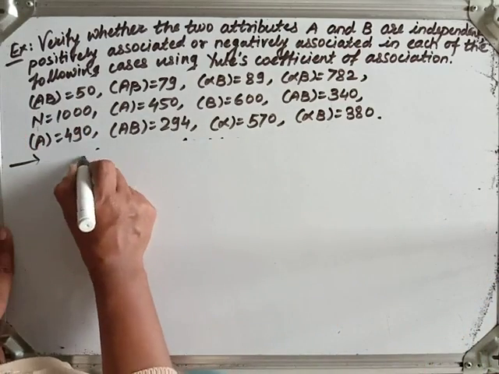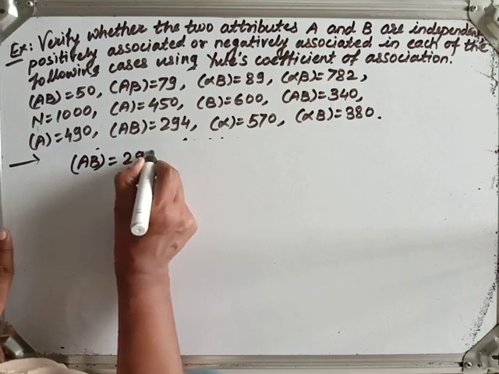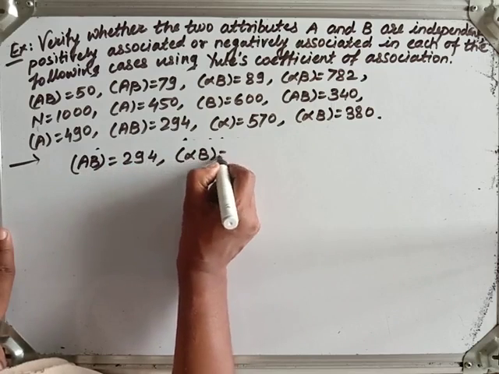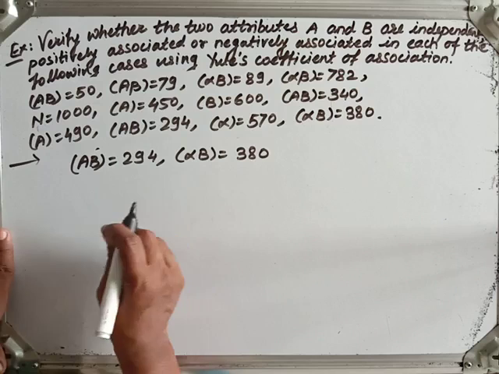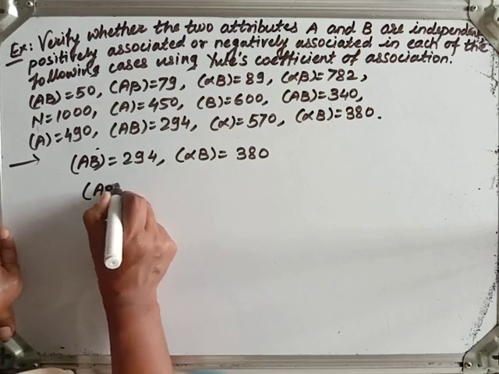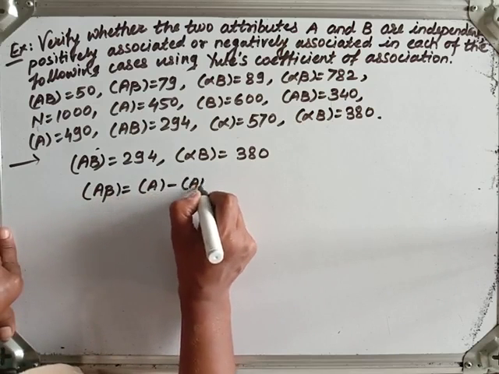Now, in the third one, the frequency of AB is given to us, that is 294. The frequency of alpha B is given, that is 380. Only the frequency of A beta and alpha beta is left. So, the frequency of A beta can be obtained from the result: frequency of A minus frequency of AB.